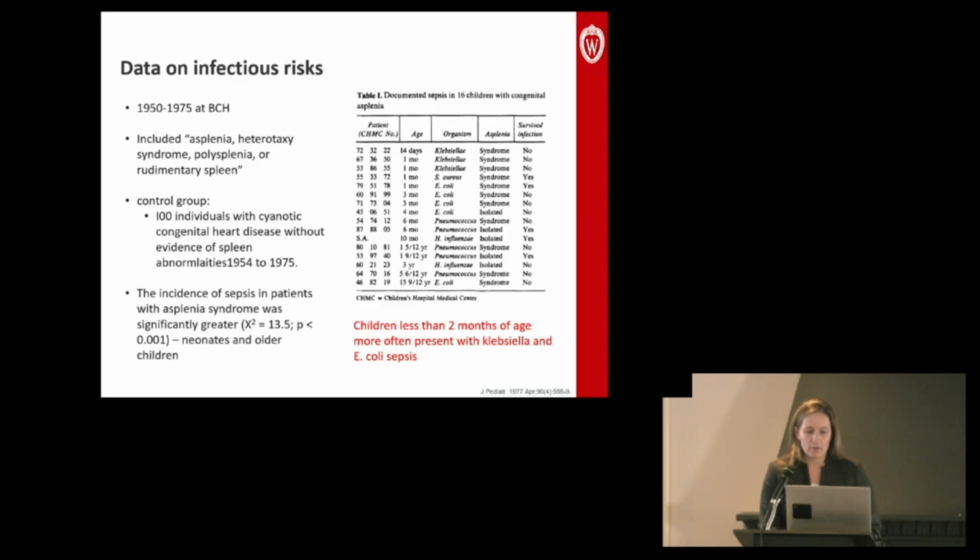One thing I found really interesting is that in patients above 6 months, it really matches what we talked about previously: pneumococcus and Hib are your primary organisms. But in our young babies, those less than 4 months, you are seeing E. coli and Klebsiella in these neonatal sepsis-like pictures. Those are still organisms we really have to worry about in our youngest babies.